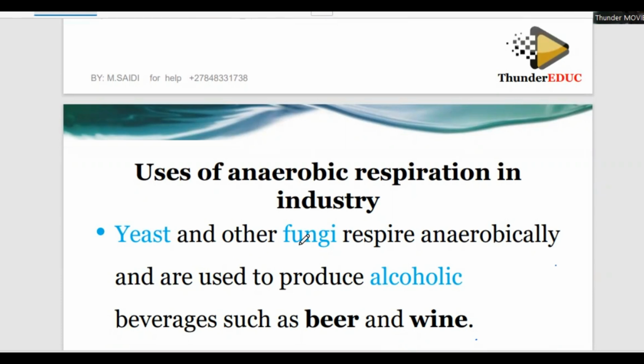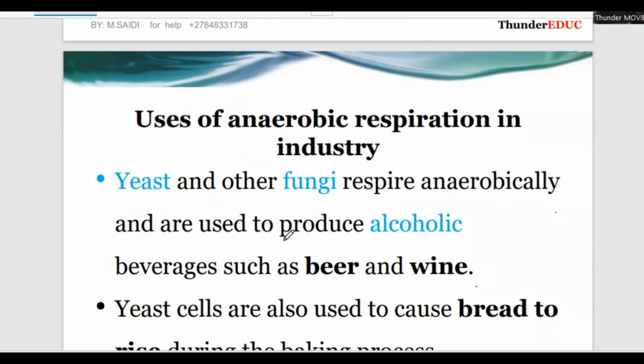Number one, yeast and fungi respire anaerobically. So we use them during baking. We use this anaerobic respiration to bring about alcohol. People enjoy alcohol. How do they enjoy it? How do they feel it? You are the people who are taking it. When you take it, how do you feel?